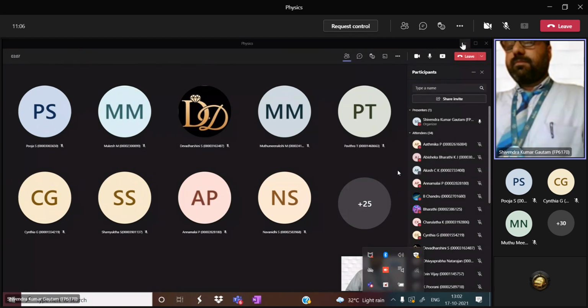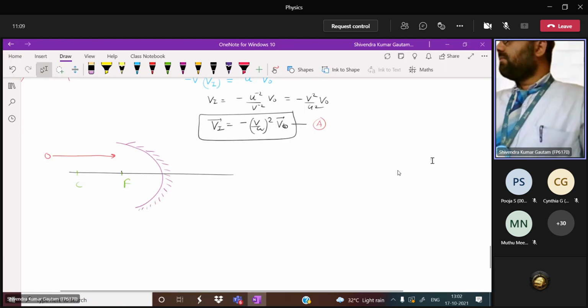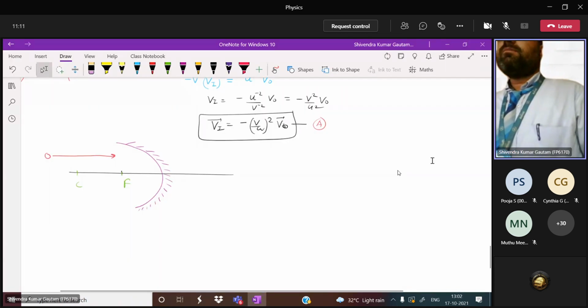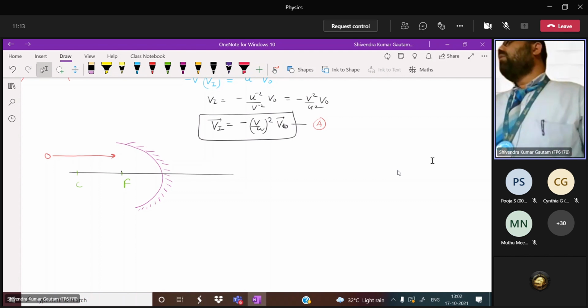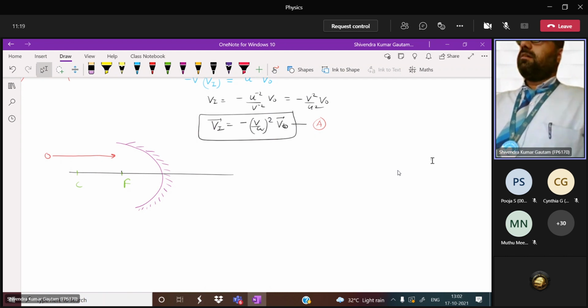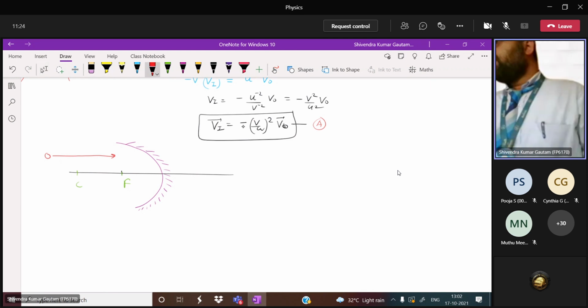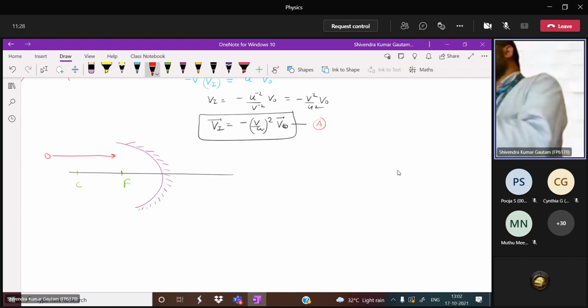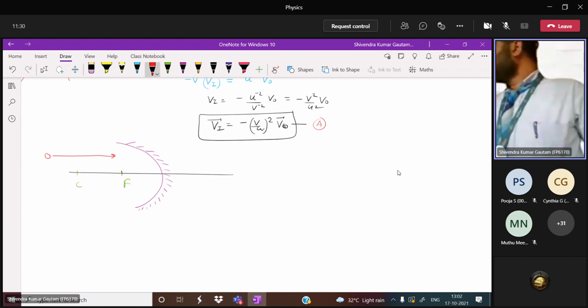Object moves from minus infinity to focus, how does the image move? From focus to plus infinity, right side will go up. You know this minus sign implies direction. If object moves to this side, the image will move opposite.